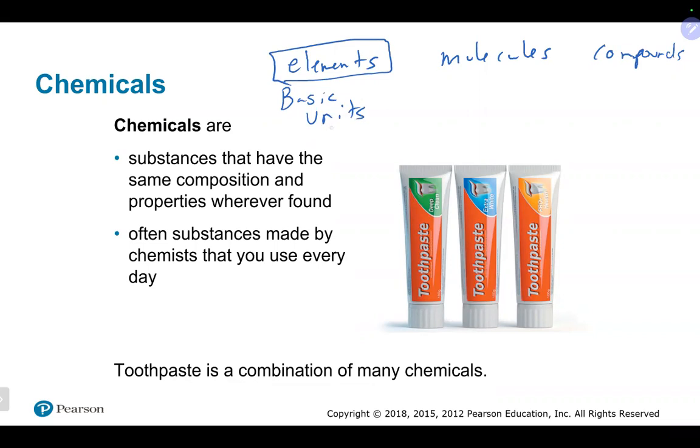The basic unit of an element is an atom, and as we'll talk about in a later chapter, atoms have protons, electrons, and neutrons. Now, elements obviously are on the periodic table. You could think of elements as kind of like the alphabet, right? There's only like 26 letters, I think. They haven't added any more, hopefully.